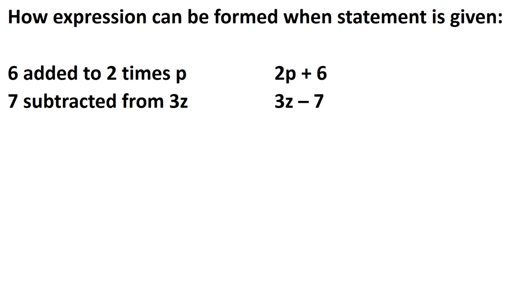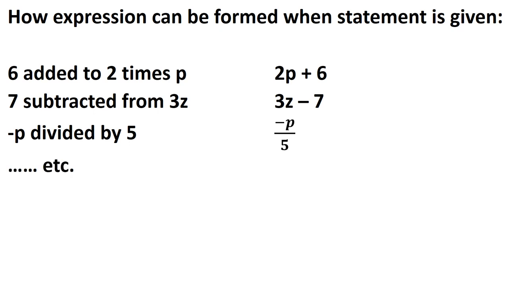It is 3z minus 7. So, 3z we will write down first, minus 7. p divided by 5. So, it is p upon 5. And many more expressions are there that you can see in your NCERT book.